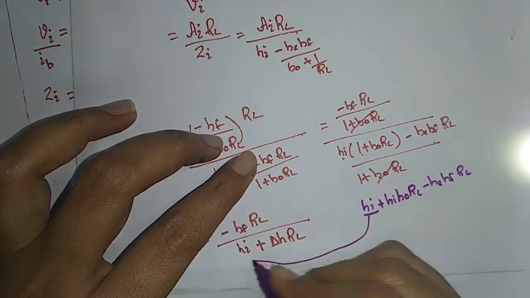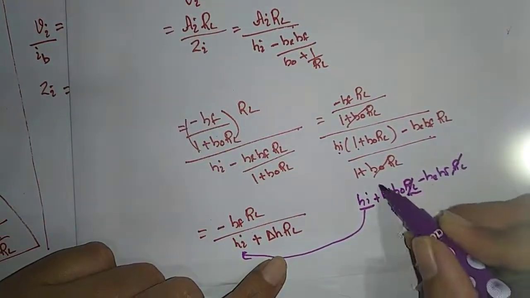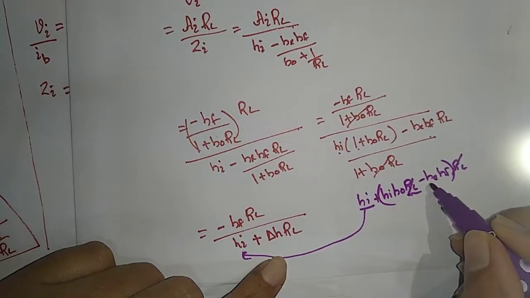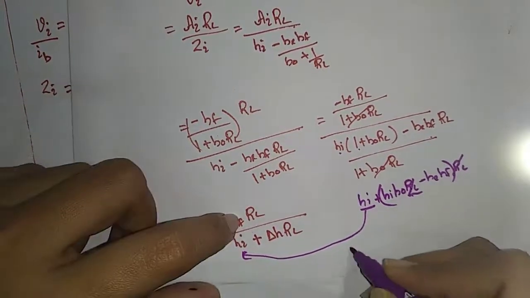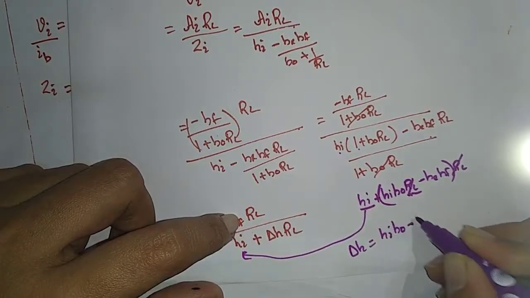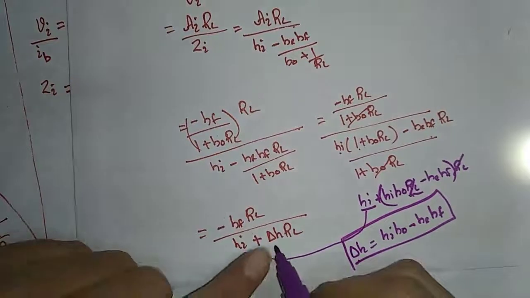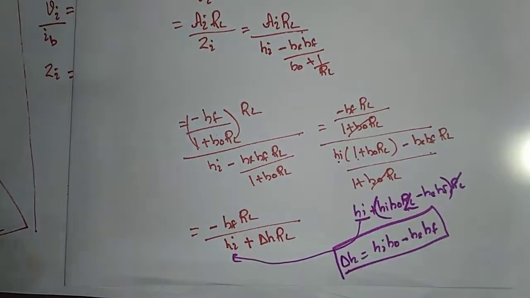Here I have taken RL common. So that is Hi Ho minus Hr Hf, or what is delta H? Delta H is equal to Hi Ho minus Hr Hf. This is the delta H value. Here I can substitute like this. Okay, so this is the equation for the voltage gain.